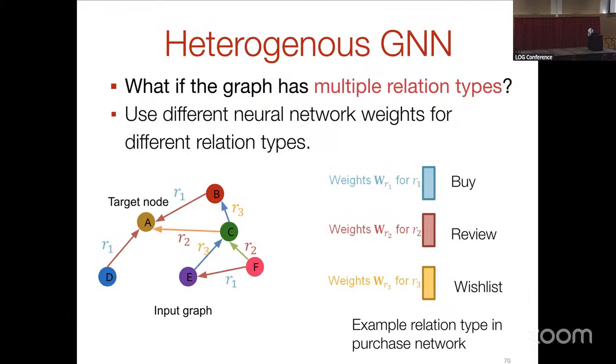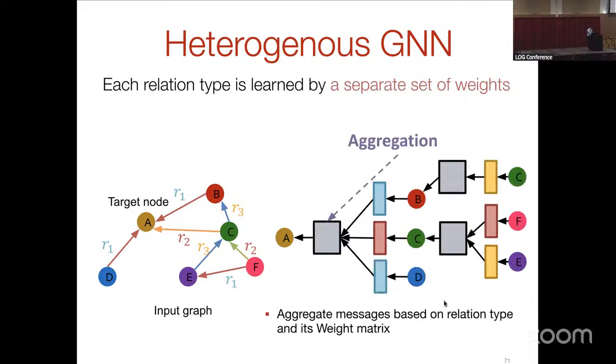So here we'll have one set of weights, W_R1 for the buy, and then W_R2 for the review relation, and then W_R3 for the wish list type.